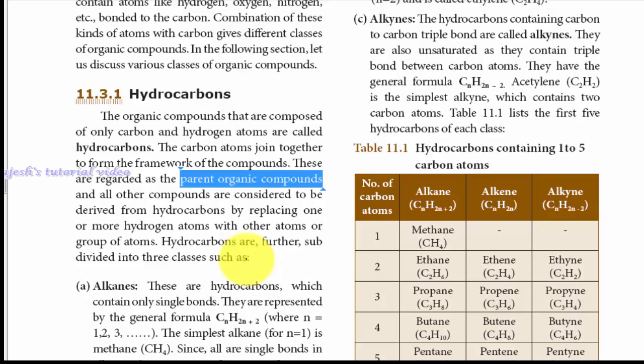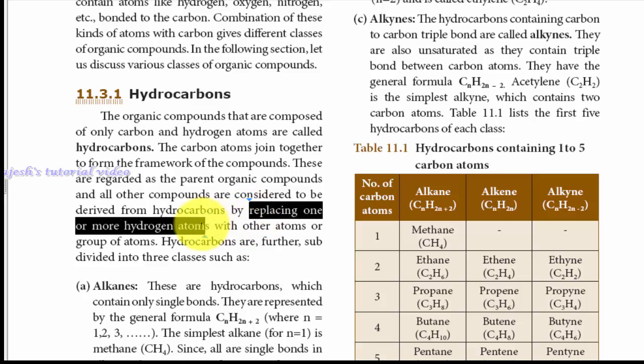The carbon atoms join together to form the framework of the compounds, and to this carbon framework hydrogen atoms are attached. Other compounds are derived from this parent compound by replacing one or more hydrogen atoms with other atoms or groups of atoms, and new compounds are produced.